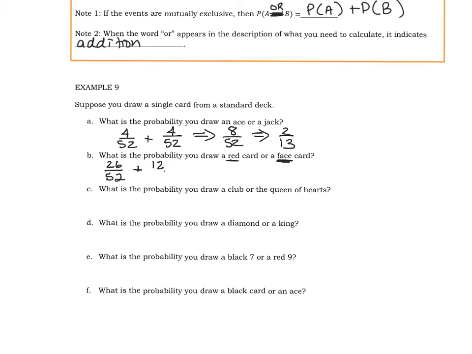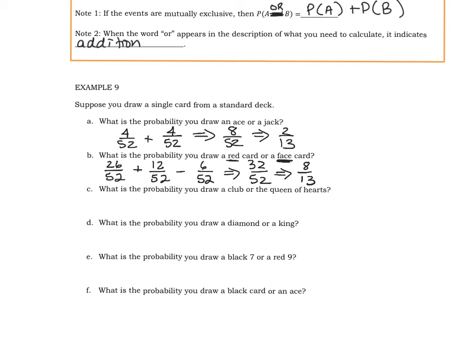There are a total of 12 face cards. And then I have to subtract from that the probability of drawing a card that is both red and a face card. So that would be the Jack, Queen, King of Hearts, Jack, Queen, King of Diamonds. So there's 6 of them. All right, so that will give us 32 over 52, and then that reduces to 8/13.